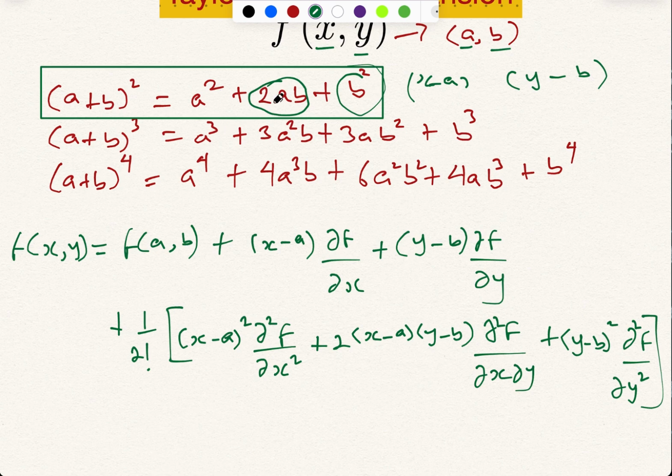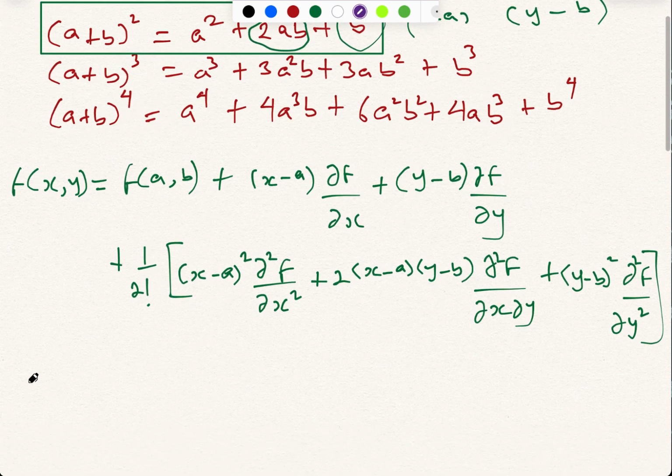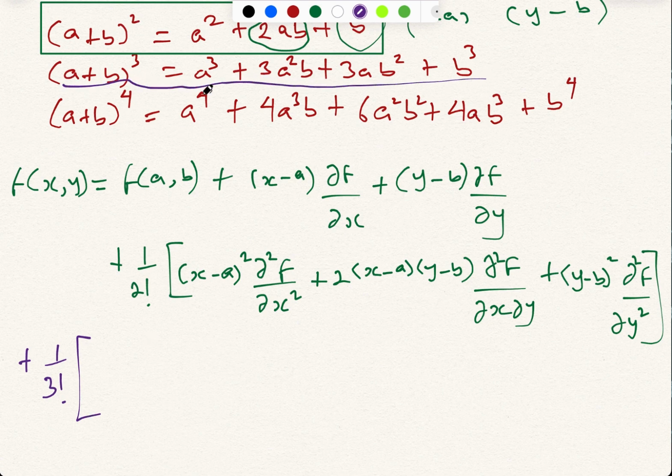And with this, you have gotten the second term. Let's quickly see what the third term would look like. Now, for the third term, you're going to have plus 1 over 3 factorial. When you get to the third factorial, that implies that you're going to be using this part of the binomial expansion. So the first thing is going to be x minus a raised to the power of 3 according to this first term here.